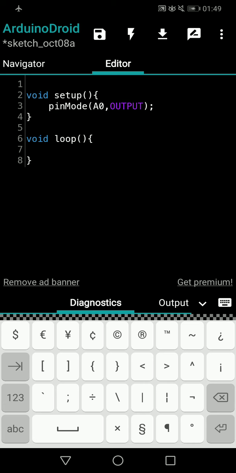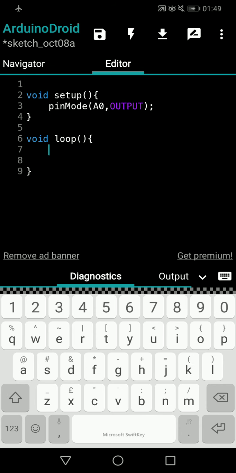We already know that when giving digital output we use digitalWrite, and when taking analog input we use analogRead. So write means output, read means input. Since we have to say which kind of output A0 is going to give, we say analog output.